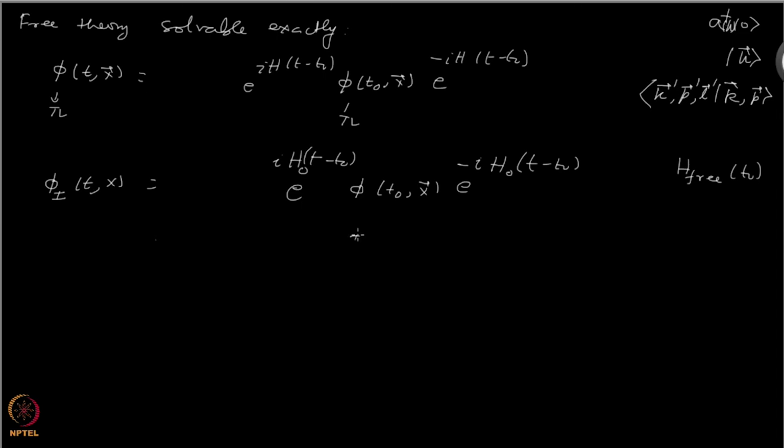So, I take pi at time t naught, x and evolve it with the free Hamiltonian H naught. It is important that H naught is taken at time t naught, it is H free at t naught, and this I define as pi I t, x. So, these are definitions. Okay, very good.